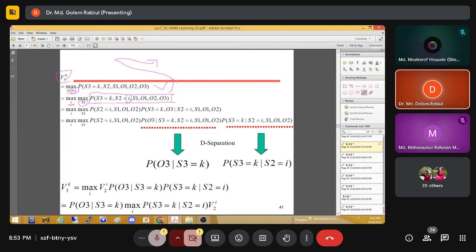We can write this as the probability of observation 3 and S3 equal K, given S2 equal I, S1, observation 1, observation 2, times the probability of this part only: S2 equal I, S1, observation 1 and observation 2.